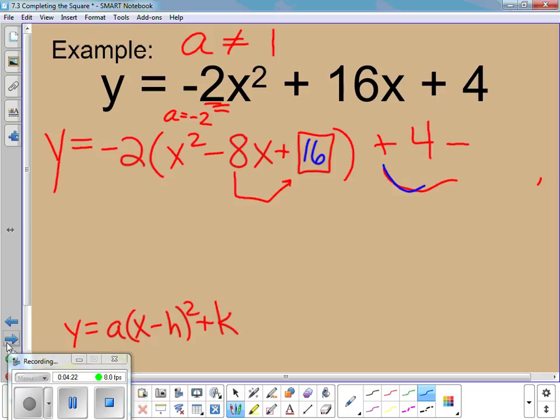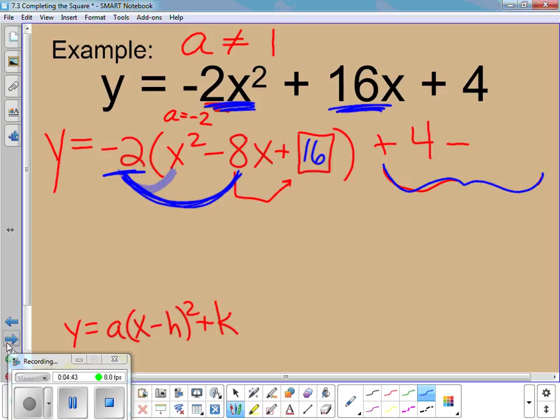Let's see why. Okay? Listen. We're adding a number inside of this parentheses, this grouping. So what we really had here is, what's -2 times x squared? -2x squared. What's -2 times -8x? 16x.